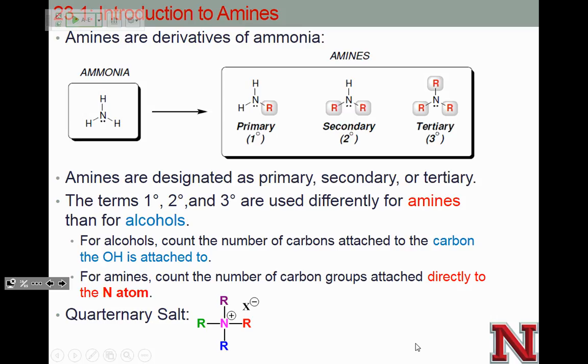It's a salt. It has a positive charge, so it's called a quaternary salt. You sometimes might hear it referred to as the quaternary ammonium salt, because nitrogen doesn't mind having a positive charge. So depending on the conditions, we can have this quaternary salt. But for our neutral amines, we're looking at primary, secondary, and tertiary.